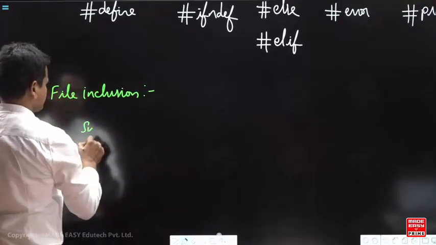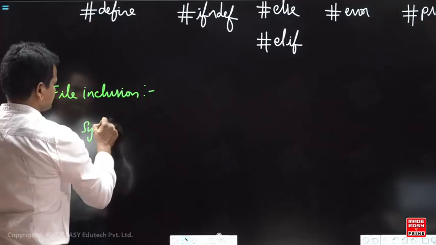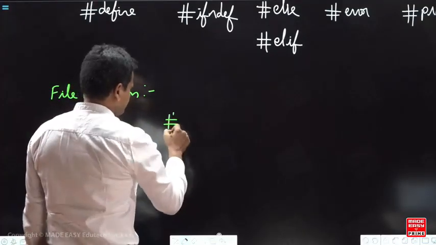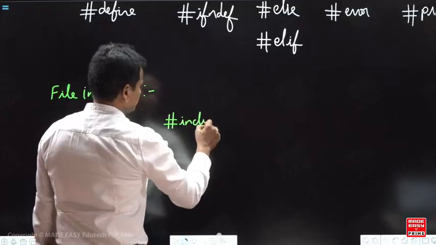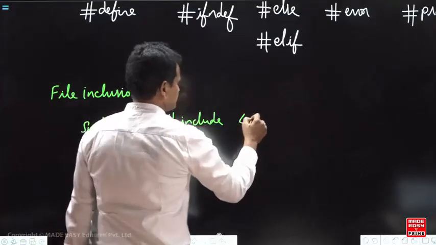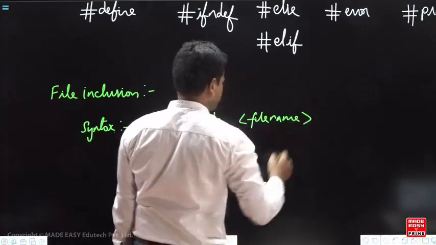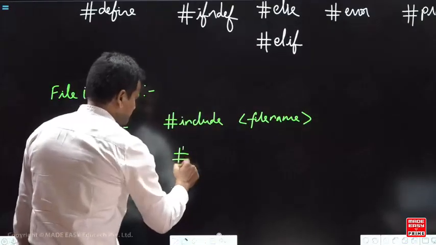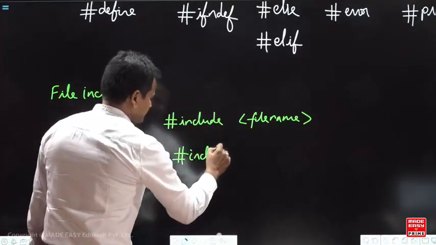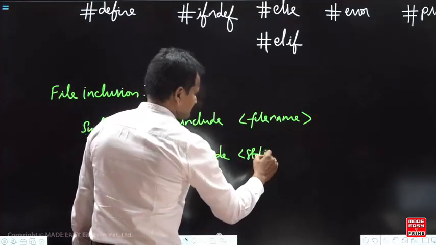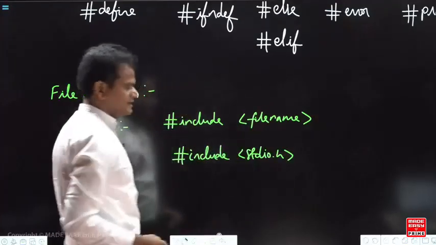Syntax for this: hash include some file name. Example: hash include stdio.h, standard input output.h, like this.